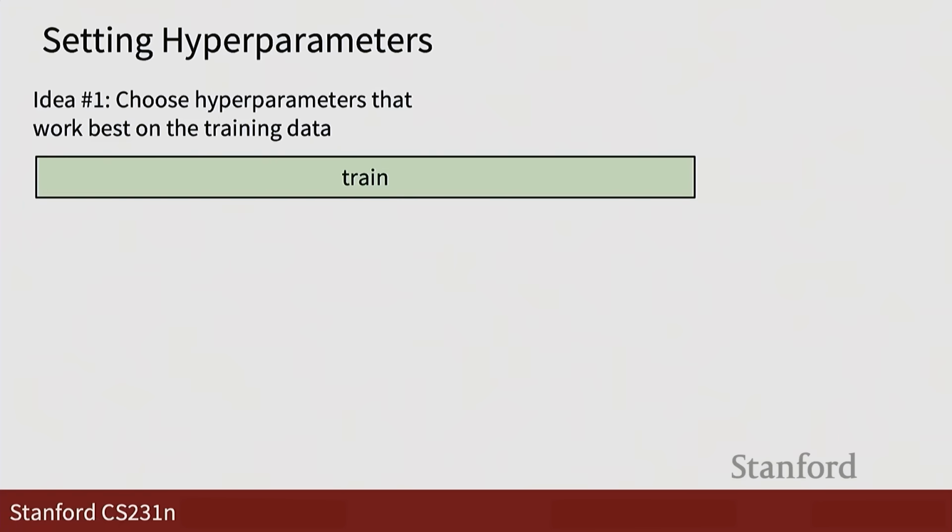While it works for the training data, it's not a good idea at all, because especially with nearest neighbor, k equal to 1 is always the best value, right? Because you're memorizing training data, so k equal to 1 will always give you 100% accuracy. So we know that this is not a great idea.